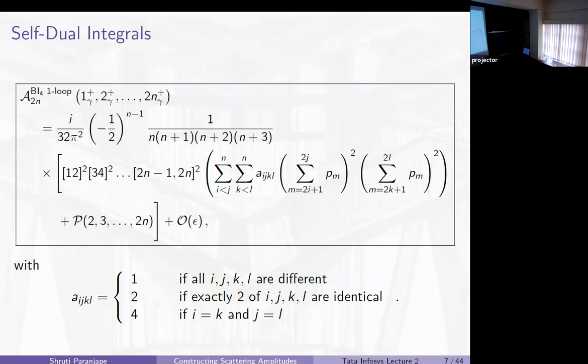To have a log, you would need to have a physical two-particle threshold, which, because these are duality violating and the tree level is duality preserving, you don't have. So you only have a rational contribution. And then the question is, is that rational contribution local or not local? So you don't have a log for precisely that reason, because there is no physical two-particle threshold you can ever reach.